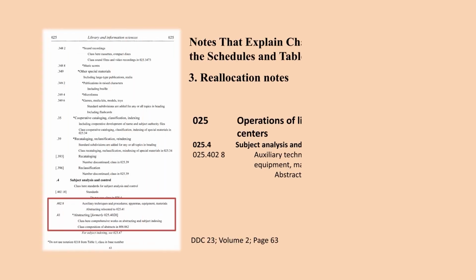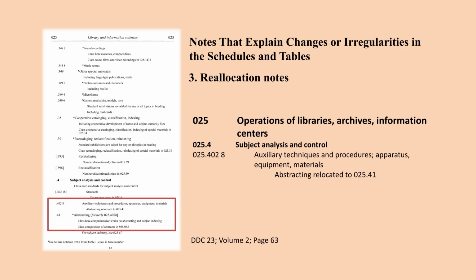The third one is reallocation notes. We will find the example of reallocation notes in page number 63 under 025, that is operations of libraries, archives and information centers. Under it, 025.4 is subject analysis and control. And finally, 025.4028, that is auxiliary techniques and procedure, apparatus, equipments, and material.